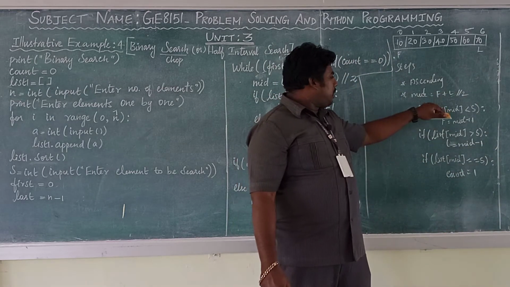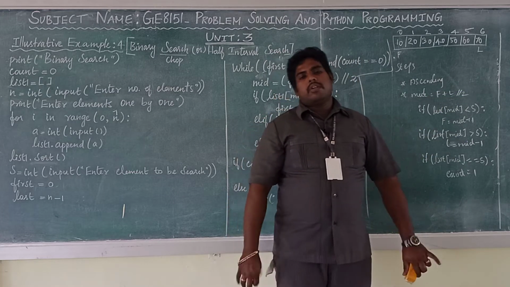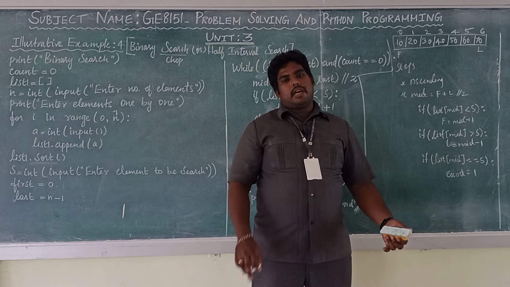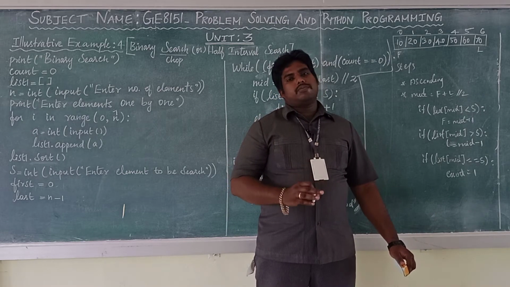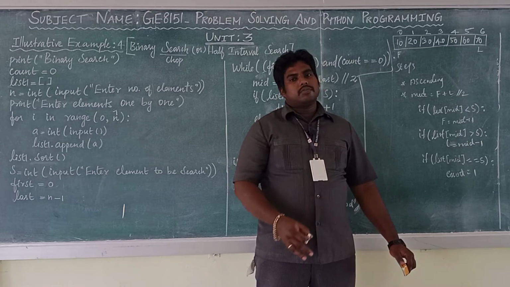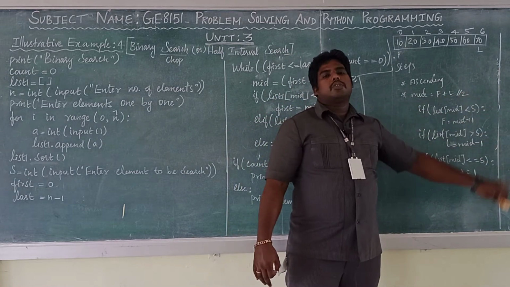For calculating the mid, first plus last, floor division by 2. It will give the quotient without decimal values. For example, 4.6 means it will take 4. 4.9 also gives 4. That's the floor division, this double slash 2.